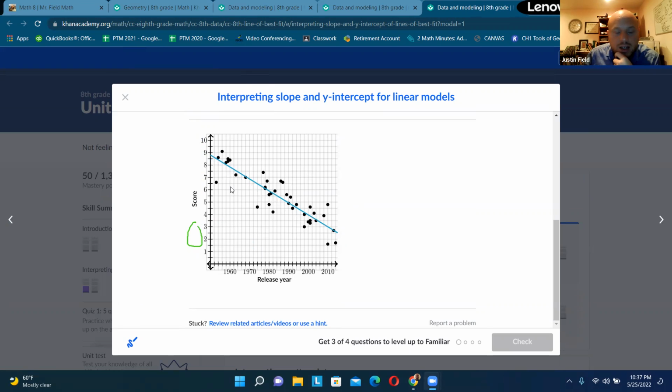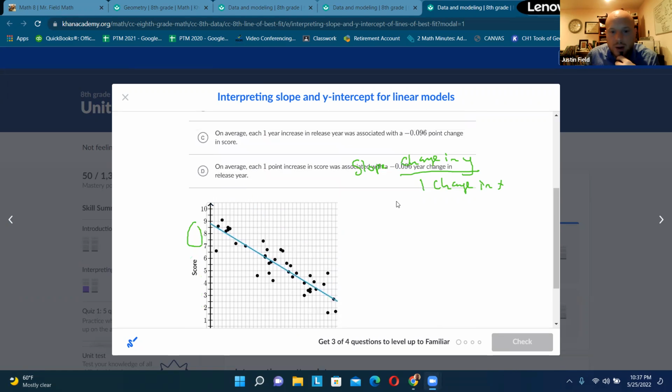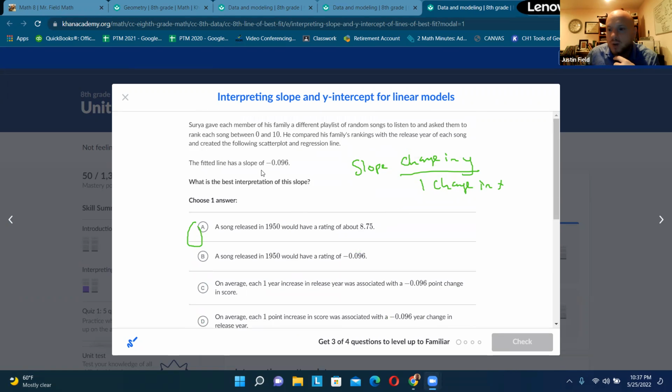You see? And so the slope also, we should say, is the change in y for every one change in x. So the number is how much the y value is changing every time x changes by 1. So every 1 year, the ranking goes down a little bit.